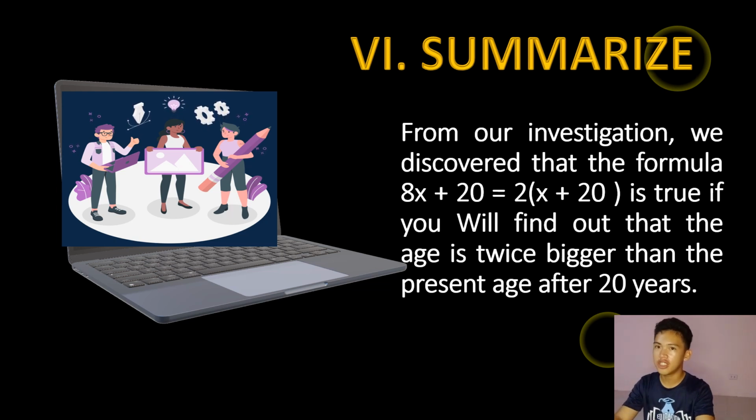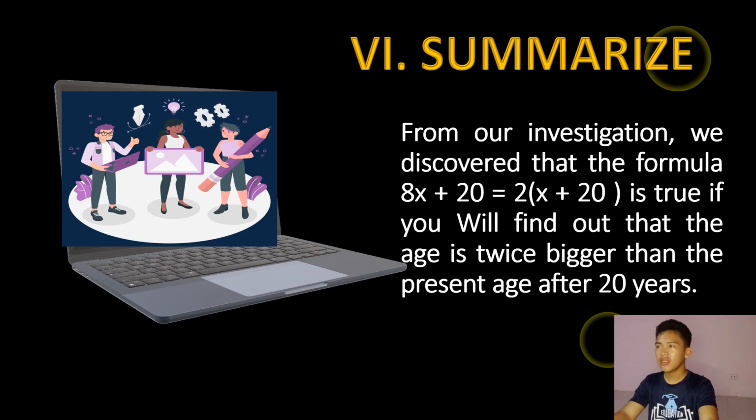In our previous slide, on our statement of the problem, we used 6x because it was 6 times, the father and the son's age. So we all know that the father's age is twice the son's, which is 50 and 25. So the age of the son is 25 and the age of the father is 50 after 20 years.